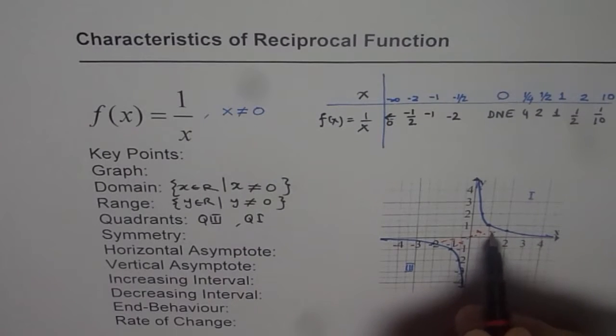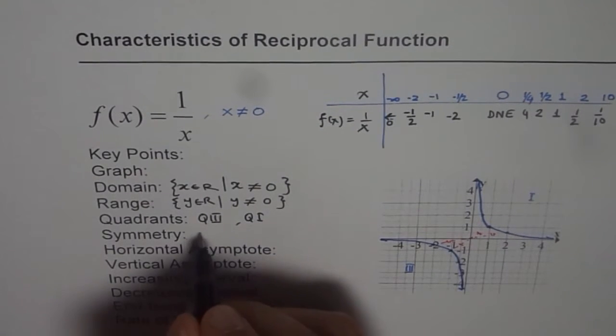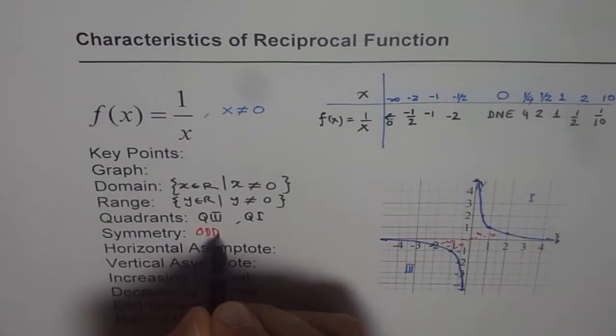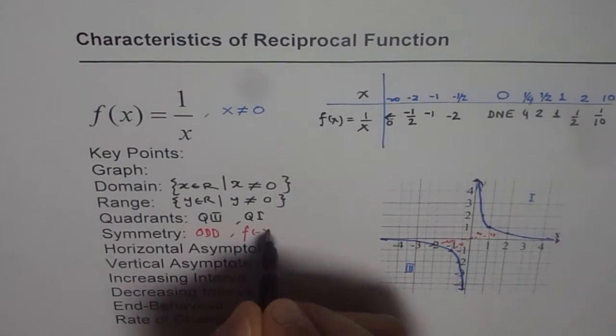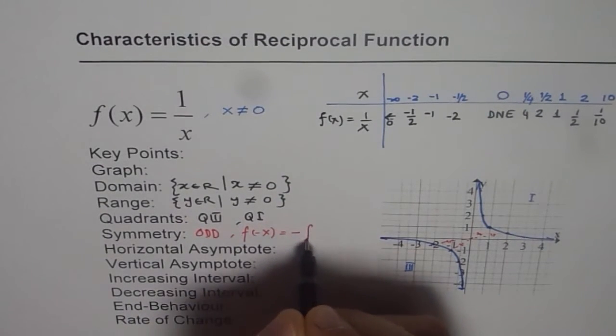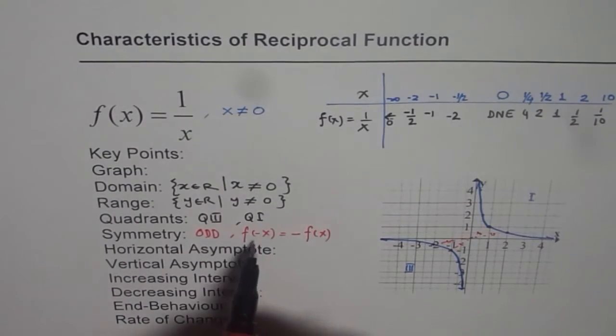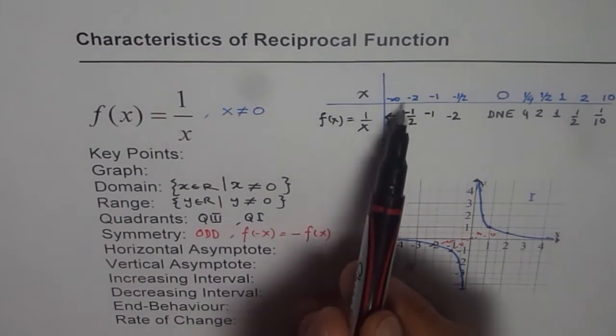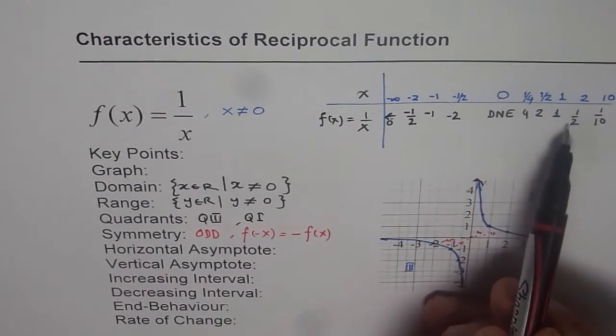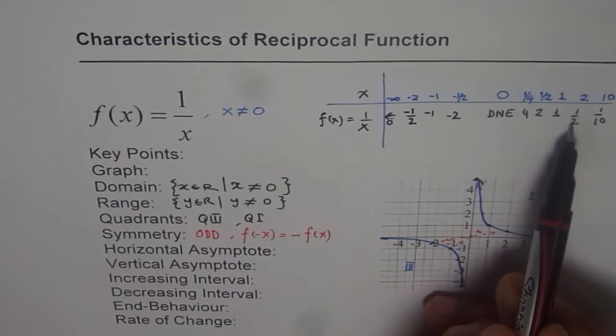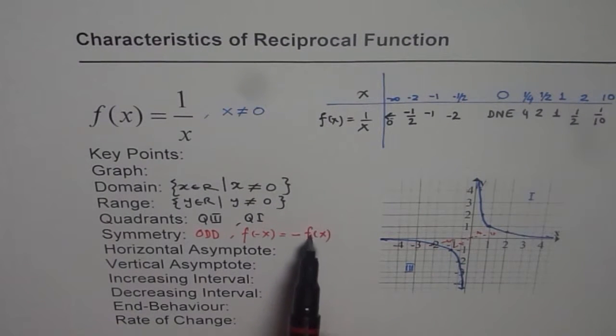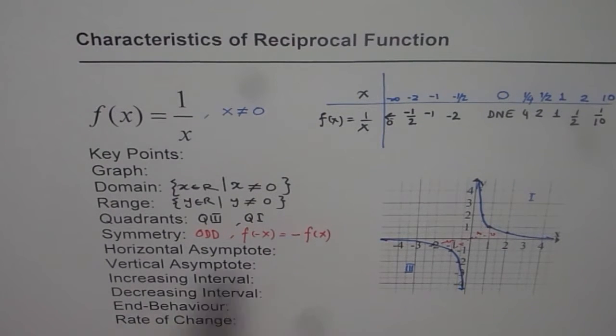So now we have odd symmetry, since f of minus x is equal to minus of f of x. What I'm trying to say here is f of minus 2 is minus half, which is minus of f of 2. Do you see that? So that is what we mean by saying odd symmetry, right?